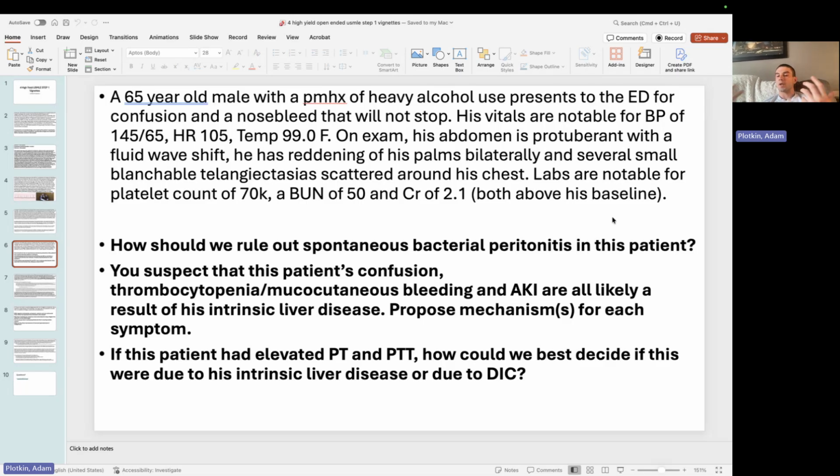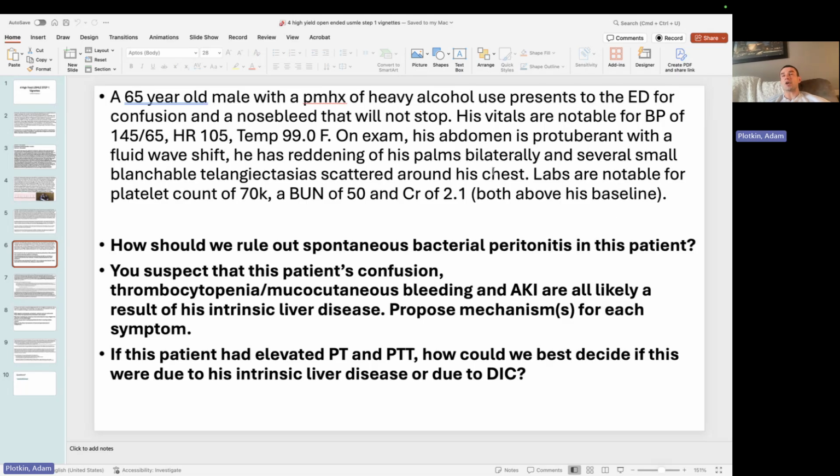These are all some of the things you can see. You can also look at nails, and you can see potentially Terry's nails, where about 10% of the distal portion of the nail is going to be very reddened compared to the proximal portion, which will be more white. Okay. So these are all things that point us to, okay, maybe they do have cirrhosis, right?